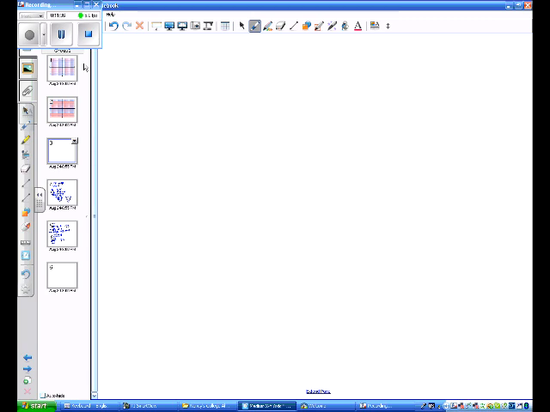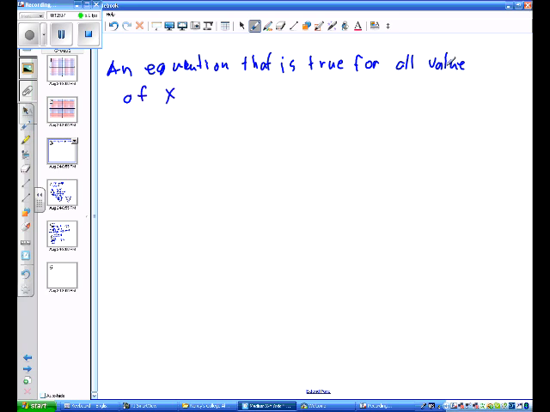So an equation that is true for all values of x, so that means it doesn't matter what value you substitute in, it's going to be true, is called an identity.